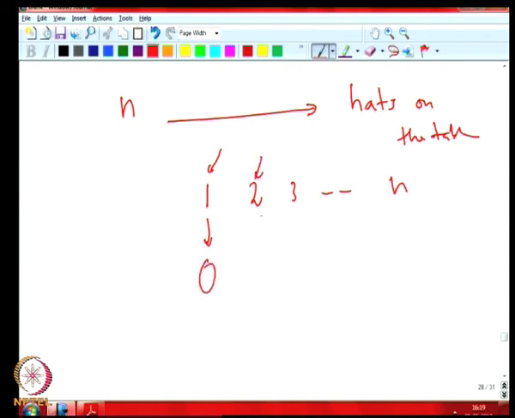Then person number 2 comes and takes a hat which is something else, right. Whatever hat numbers they take are written below the person numbers. Then in the ith position we will never see i, because if it is like that, it means the ith person has taken his own hat, right.